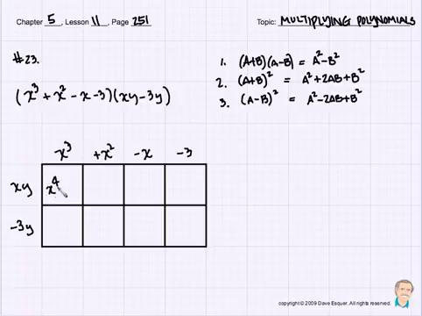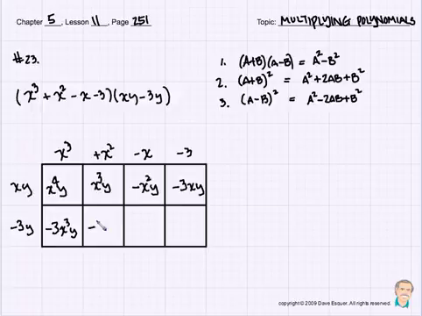I believe that's x to the 4th times y. Xy times x squared is x cubed y. We have xy times a minus x is minus x squared y. And xy times a minus 3 is minus 3xy. Let's do the second row. Minus 3y times x cubed is minus 3x cubed y.